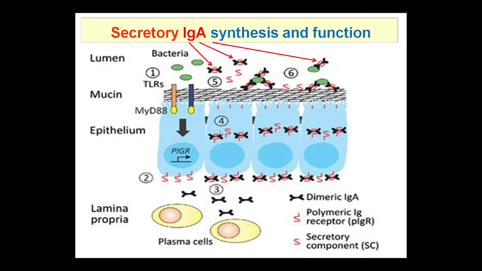Finally, matured immunoglobulin A, dimeric, coated by the secretory component, finds bacteria, antigens of bacteria, and binds to these bacteria and prevents binding of these bacteria to the receptors of epithelial cells, protecting these cells, preventing colonization of the surface of these cells by the microorganisms.